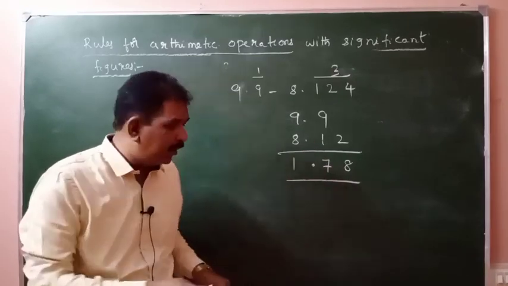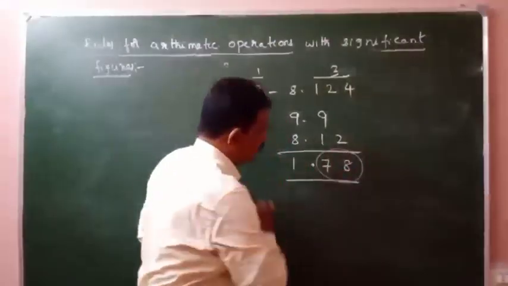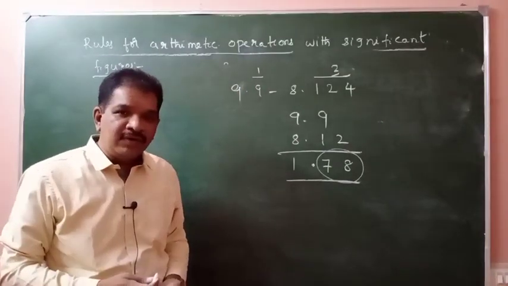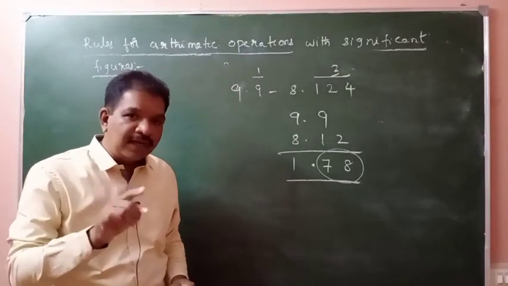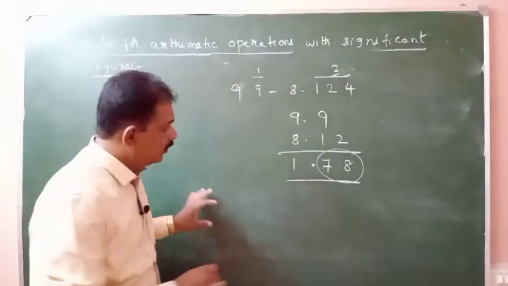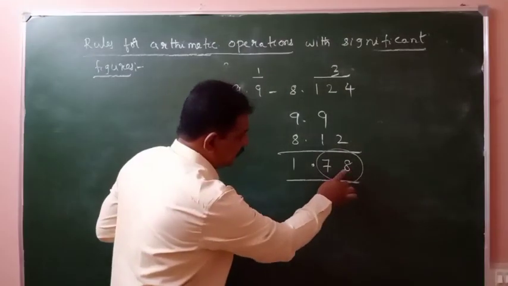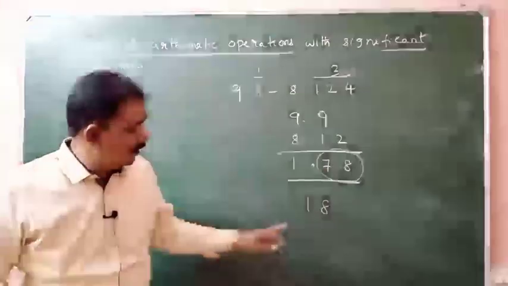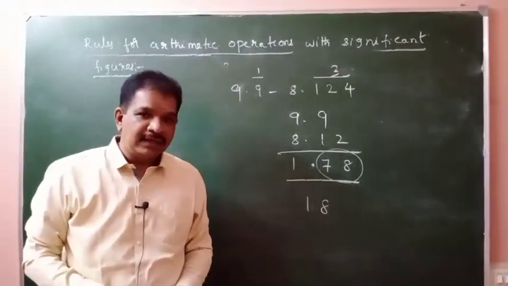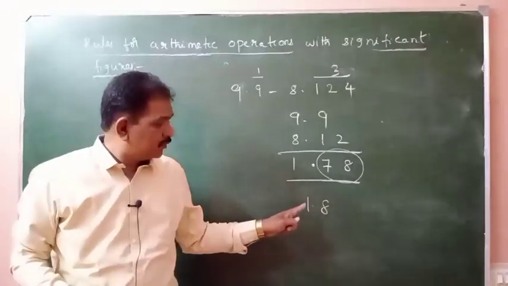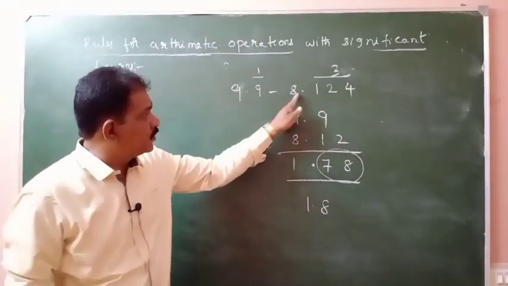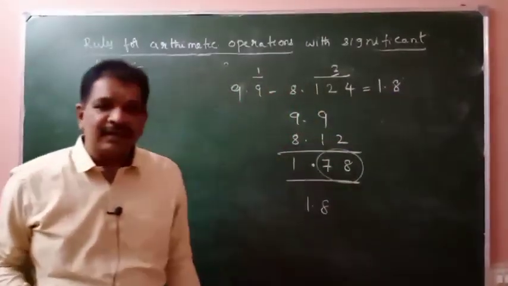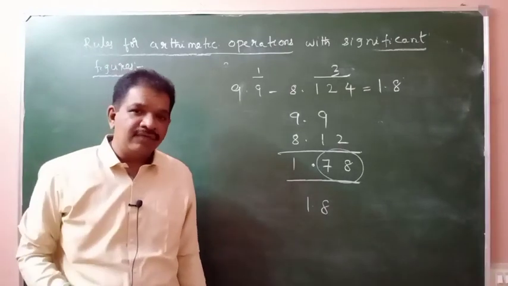After the decimal point, 2 here and 1 here. So final answer will be rounded to 1 significant figure. So discard this 8. So preceding digit will be increased by 1. So it becomes 1.8. Clear? So if you subtract these two, answer will be 1.8 according to significant figures.